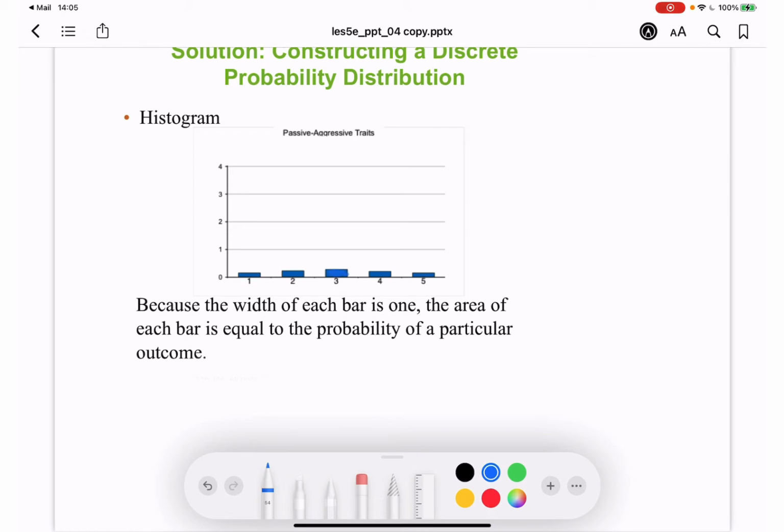It's 0.3. Score 3, and then going down again. All right, so based on the histogram, we can say the most, 28% of people, are balanced out.